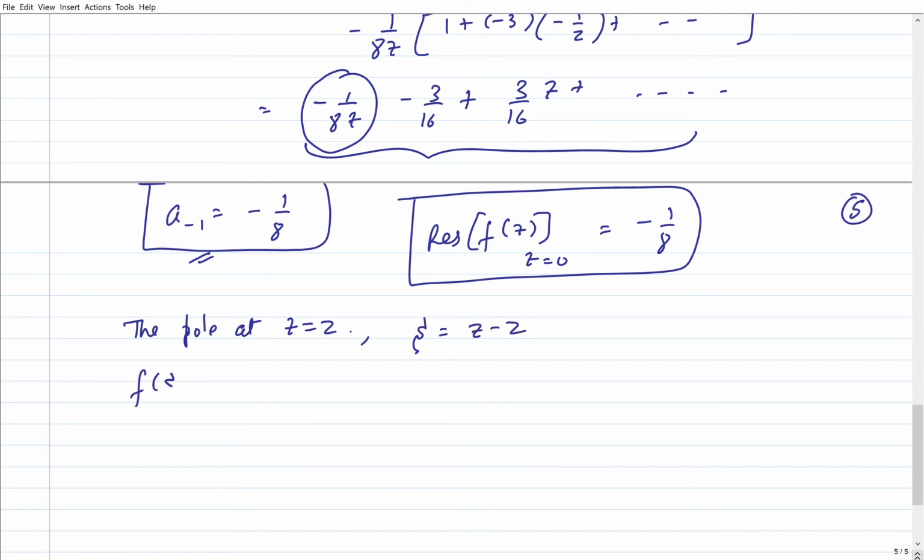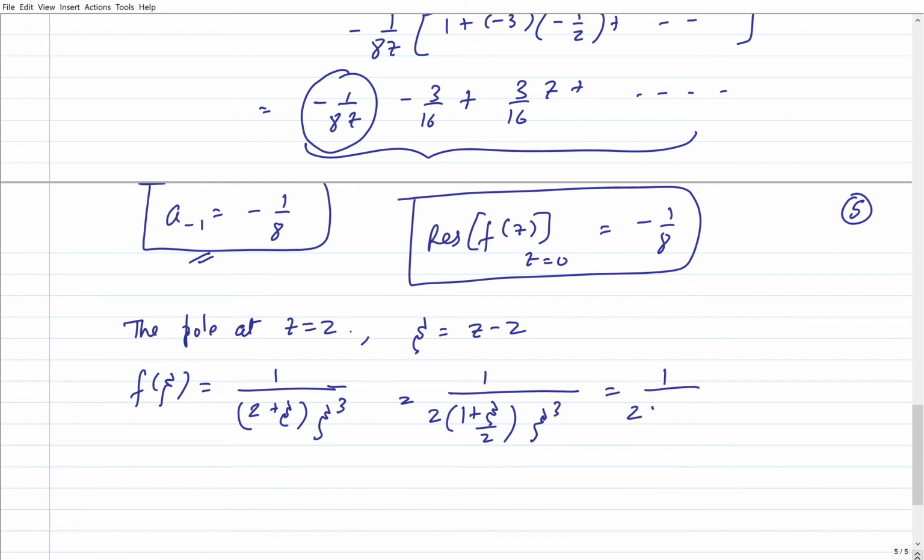Then my function becomes this, which is nothing but 1 over (w plus 2) times w cubed.